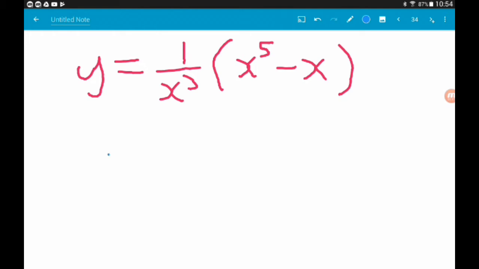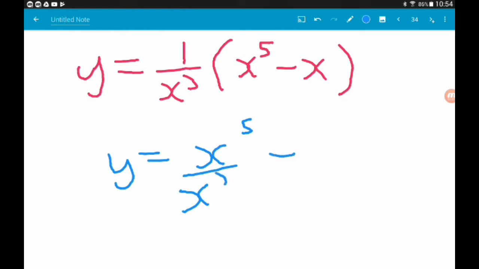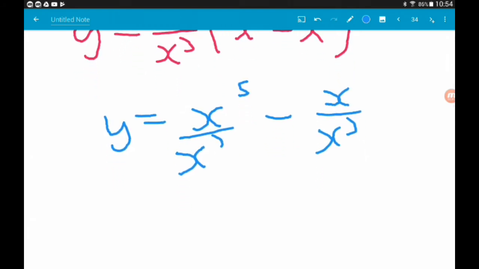So we get y equals x to the power 5 divided by x to the power 3 minus x over x cubed. So if we simplify that, y is x to the power 5 divided by x to the power 3 is x squared.